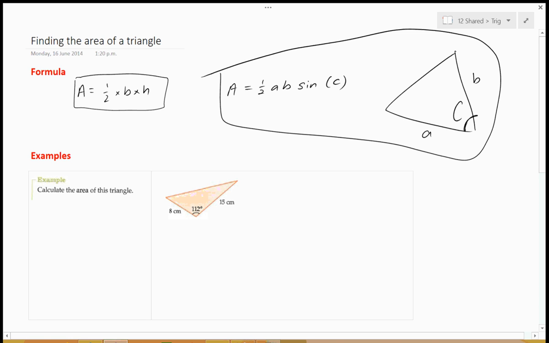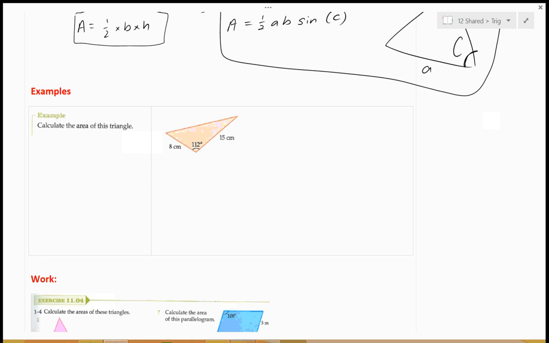So applying it to a problem is exactly the same as when you did one in Year 9 or 10. You're just writing out the formula, putting in the numbers. In this example, we've got a triangle with sides of 8 and 15 with an angle joining it of 112. First things first, write out the formula.